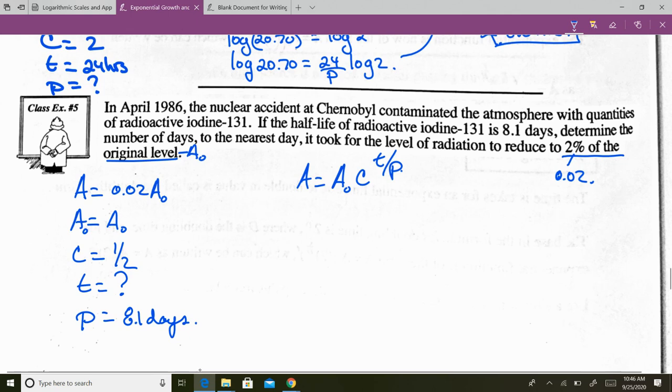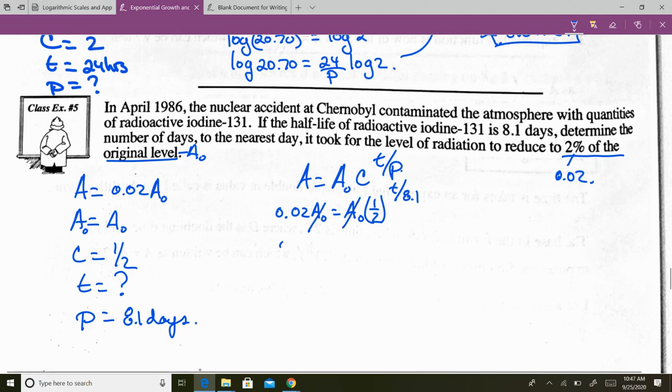Plug it in. So A is 0.02 A naught. A naught is A naught. C is 1/2. And it's T over 8.1. What happens to the A naughts? They cancel out. They go away.